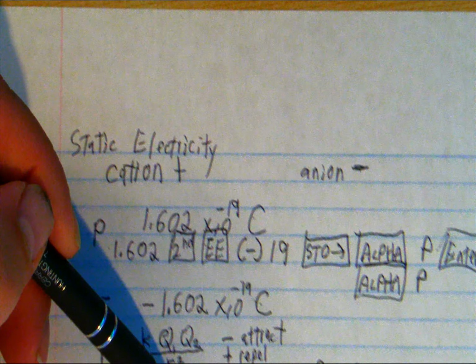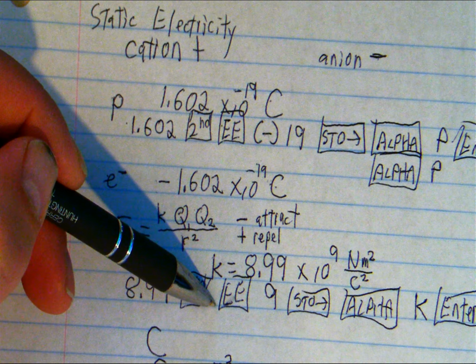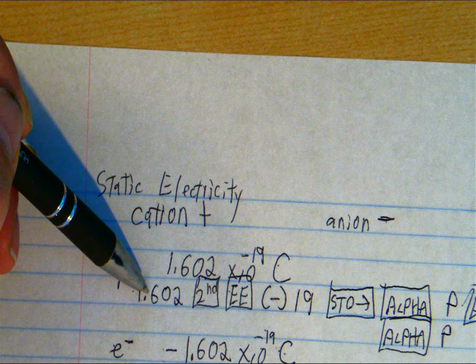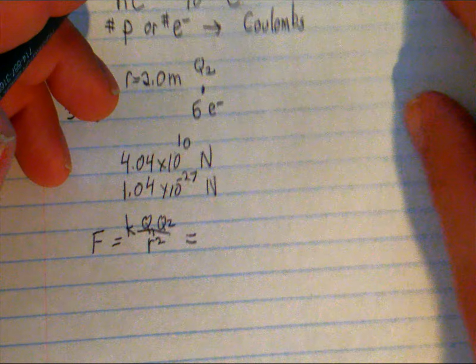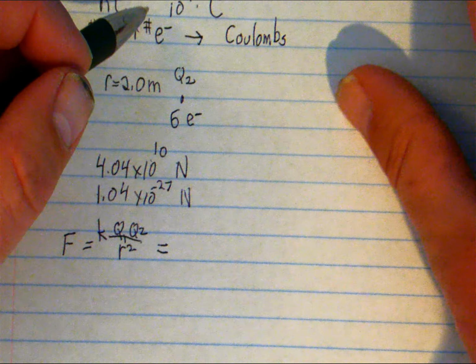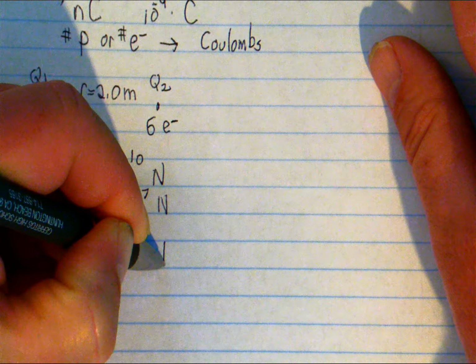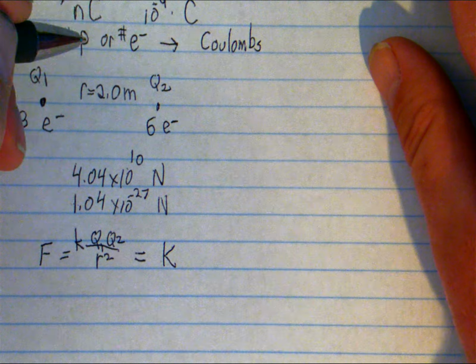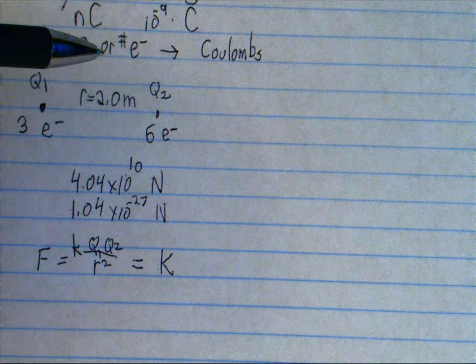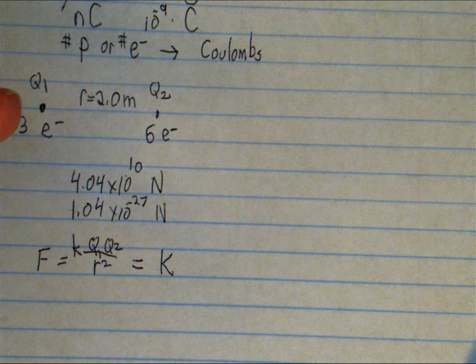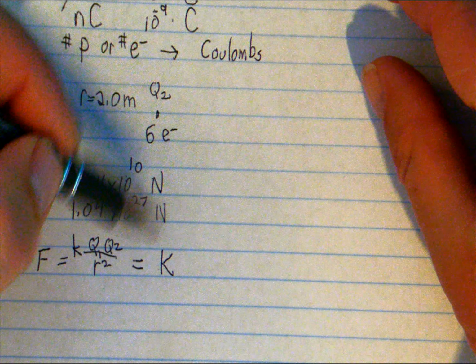Because I took the trouble to store K in my calculator memory, and I also took the trouble to store the charge on one proton in my calculator memory, that makes it a lot simpler to enter it in my calculator as alpha K. And unfortunately, I have to write it as a capital letter because you don't have a lower case choice on a TI.